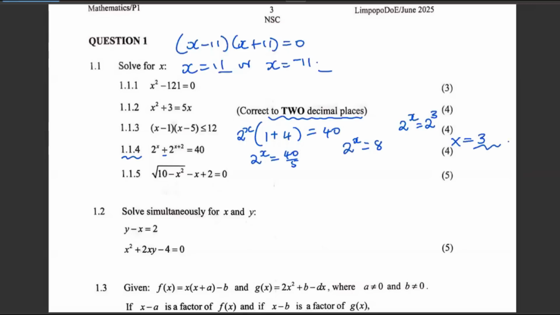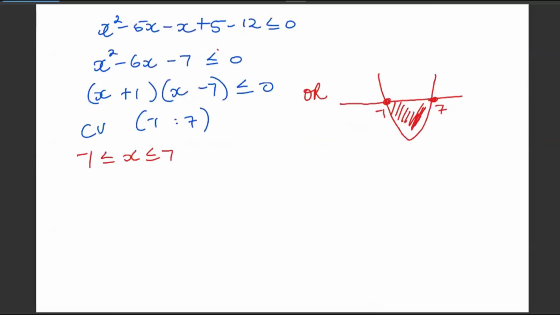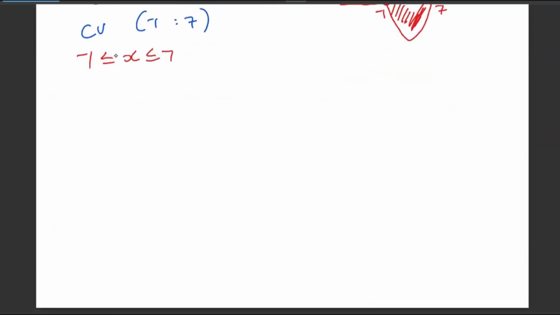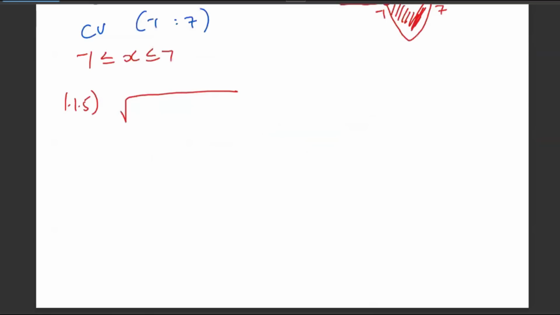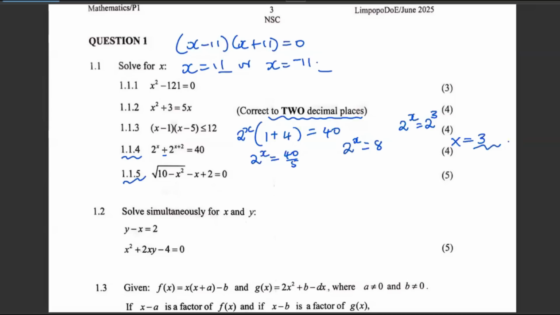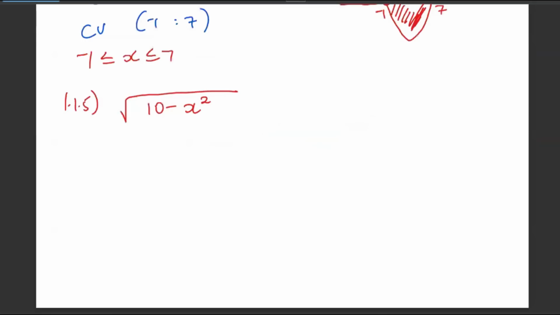All right, that's wonderful. Then question 1.1.5, we have the square root of 10 minus x squared, we are subtracting x, we are adding 2, and then we are equating to 0.